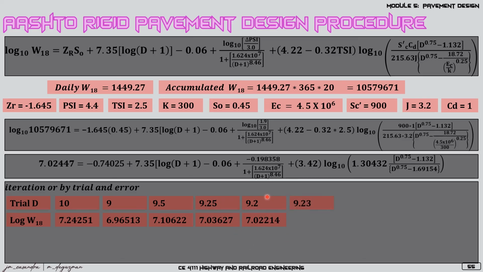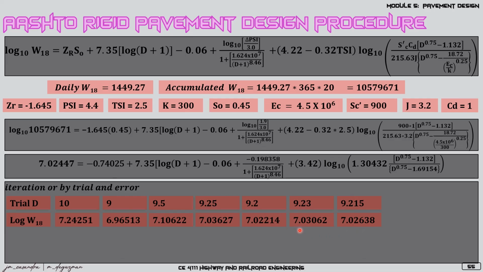So we could use another trial with 9.23, which will give us 7.03062. So it's a little bit higher than what we want to have. So probably it's between 9.2 and 9.23. So let's try another one, 9.215, which will give us 7.02643. So it's almost there.